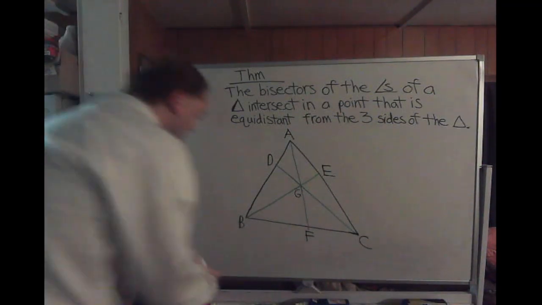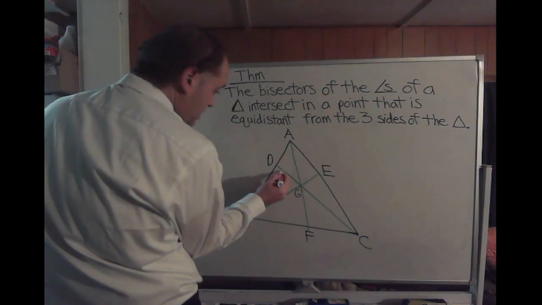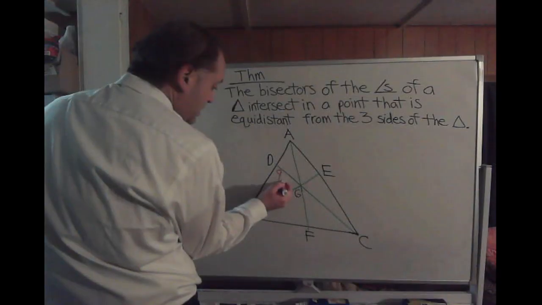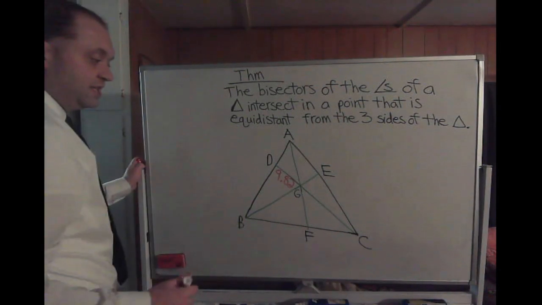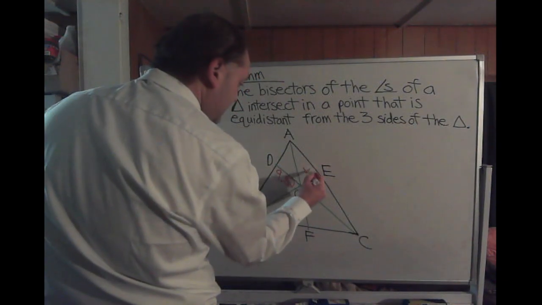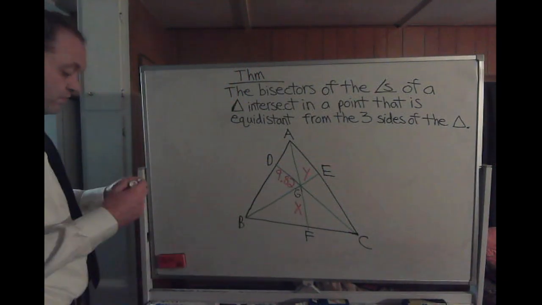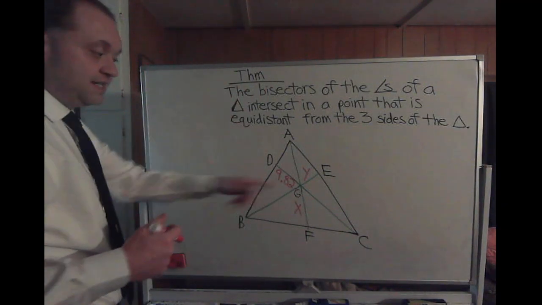Let's say DG has a length of 9.82. This time FG will be X, and EG will be Y. According to this theorem, EG and FG would have equal lengths to DG.